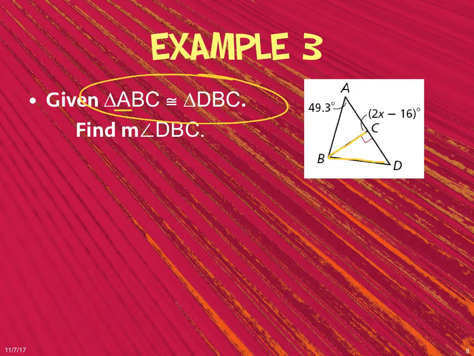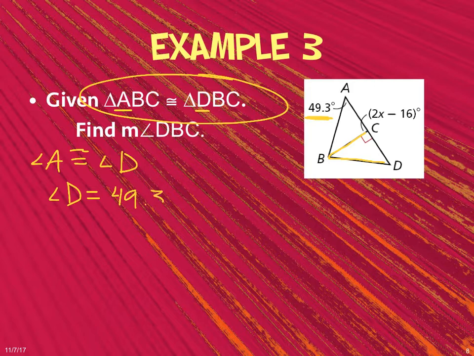We also know that their consecutive angles are congruent. So we know that angle A is congruent to angle D. We were given the measure of angle A, so therefore we know that angle D is also equal to 49.3.